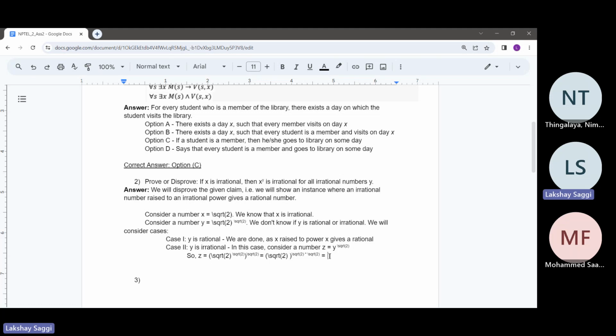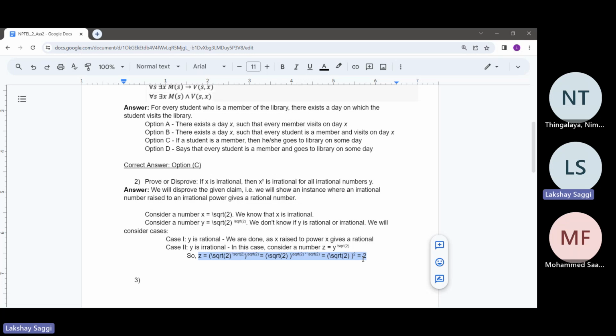So this becomes square root 2 raised to the power 2. And what is root 2 square? Root 2 square is actually 2 itself. So we have obtained a rational number here.